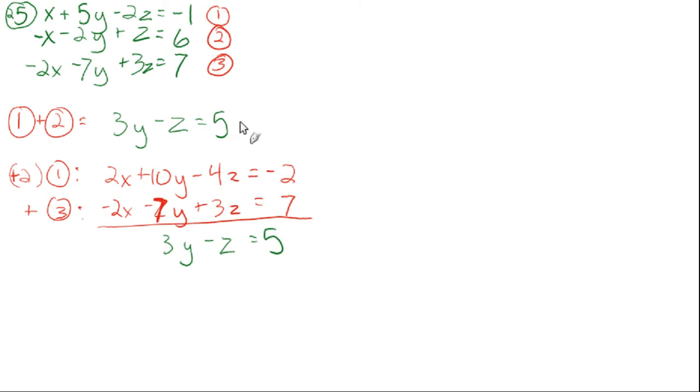Alright, so now we have equation 1 and 2 in purple. We need to cancel some stuff out. It looks like an equal challenge here between the 3y and the negative z. So we'll just make one of these negative. We'll make this a negative 3y, and this will be a positive 3y, and they'll cancel out. So we'll do negative 1 times equation 1.